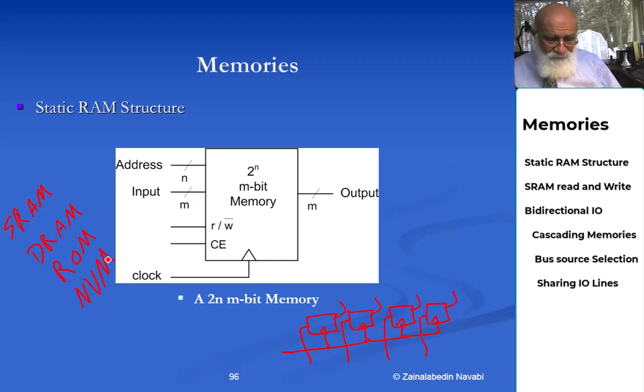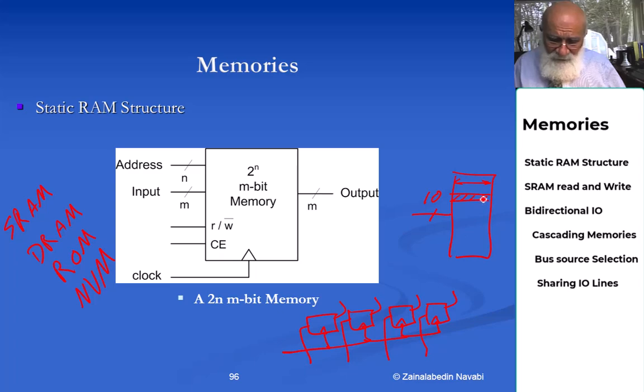And memories have addresses, meaning that there is an input, let's say a 10-bit input, that addresses various locations in the memory. And the word length for a memory is referred to as how many bits each entry in the memory is.